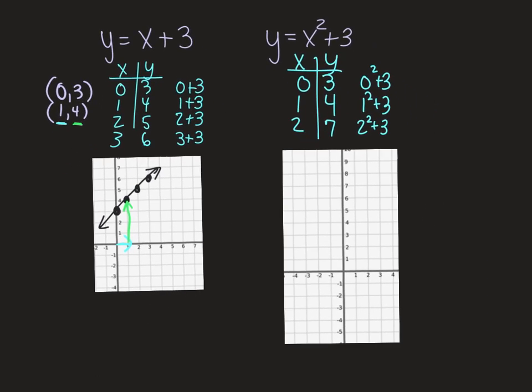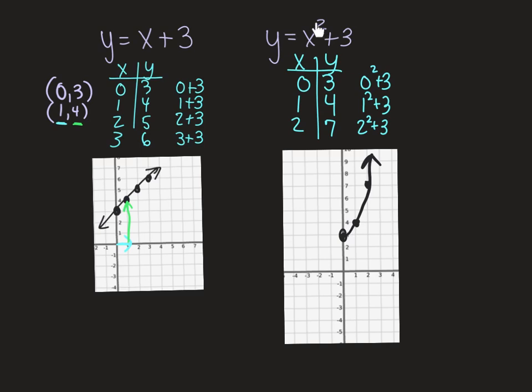Alright, so I need a dot at 0, 3, that's right here. A dot at 1, 4, a dot at 2, 7. Well, that doesn't really make a straight line, because here would be my straight line, or here would be my straight line. So actually, what's happening is this is a curve, but I'm missing some numbers.